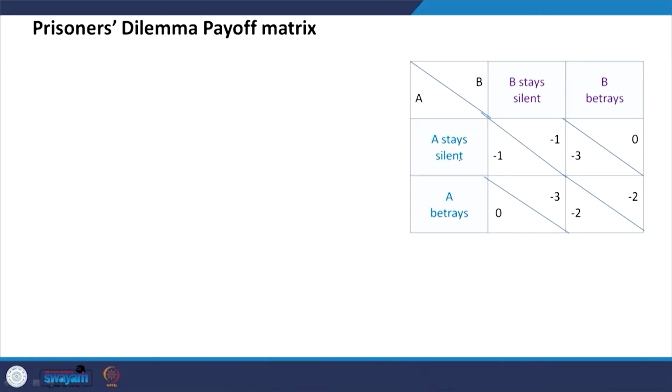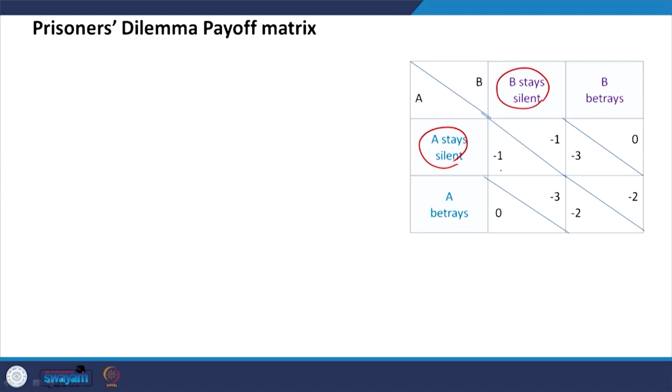So, this is explained in terms of the prisoner's dilemma payoff matrix. Let us go through this matrix first, the strategies both of these prisoners are following: they can be silent, or they can betray each other. Let us say that A is remaining silent and B is also remaining silent.